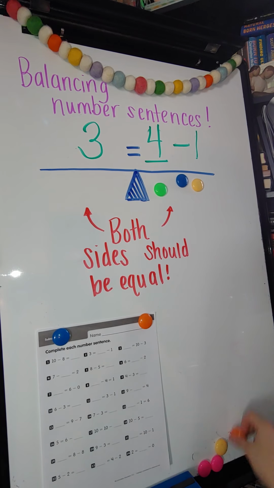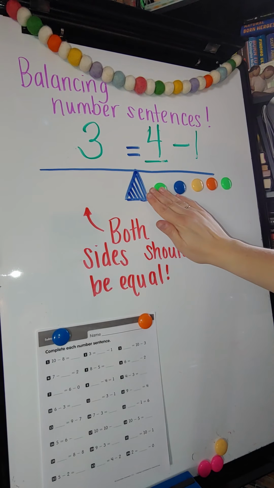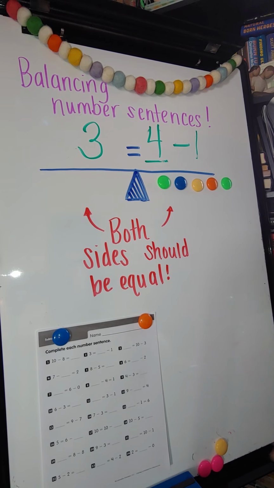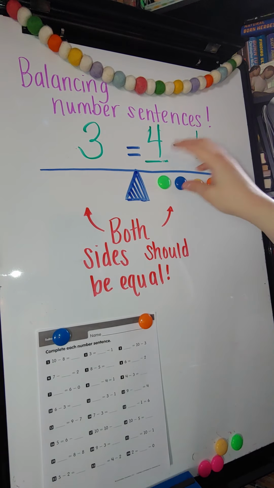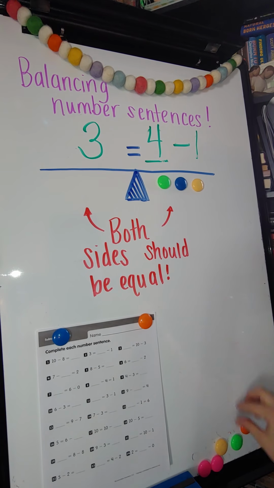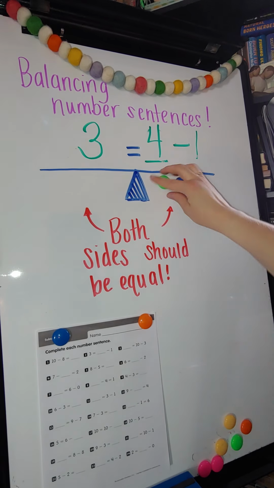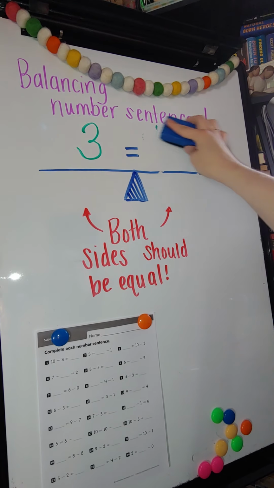That's a good way to figure this out. So if they thought it was going to be 5 over here, take away 1, you say to them, go ahead and try it out. So you take away 1, that equals 4. That's not what I want over here. So I have to make sure that I'm figuring this out a little bit differently. I know that 4 is what I'm going to start with. So that gets a little bit trickier, but it's still manageable.